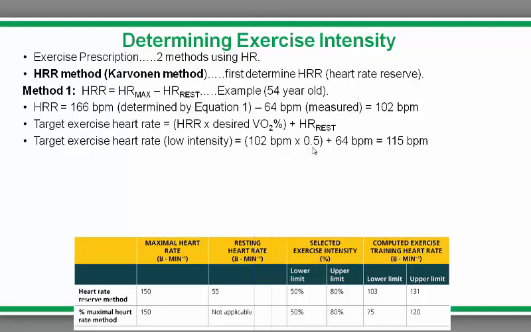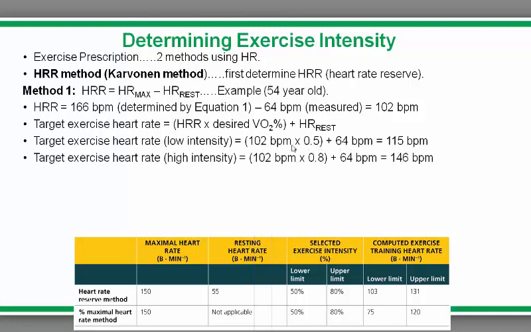We multiply it by 0.5, which is the low to moderate intensity, and then we add it to that person's resting heart rate, which was 64. And we find that the target exercise heart rate, if the person wishes to exercise at a relatively lower intensity, the person would target a heart rate of 115 beats per minute.